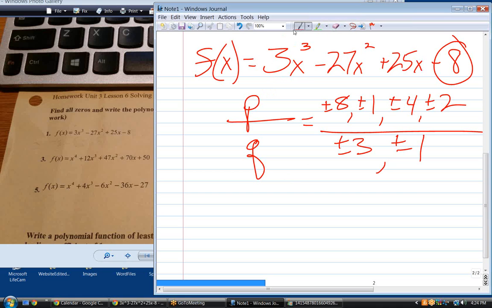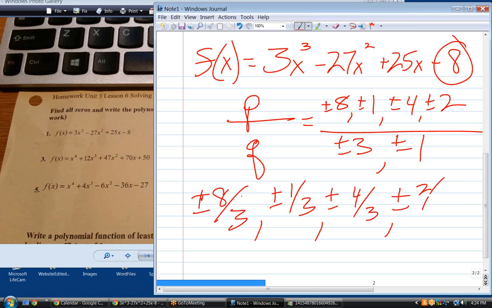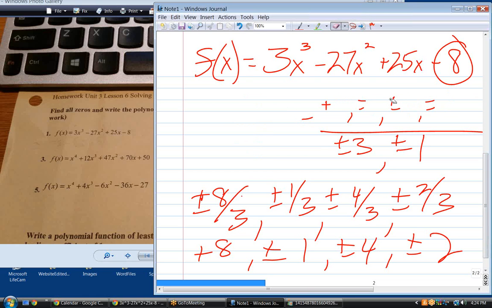My possible rational zeros are going to be plus or minus 8/3, plus or minus 1/3, plus or minus 4/3, plus or minus 2/3, and then just plus or minus 8, plus or minus 1, plus or minus 4, plus or minus 2. So these are all of my possible real zeros.